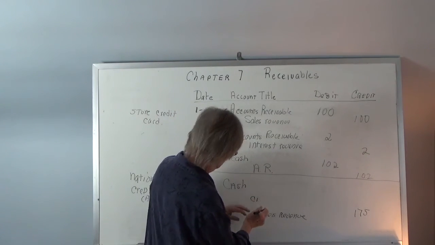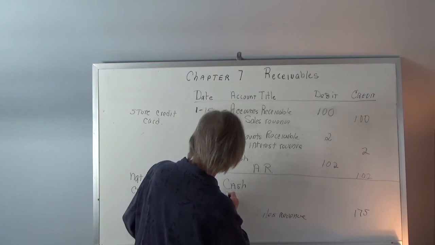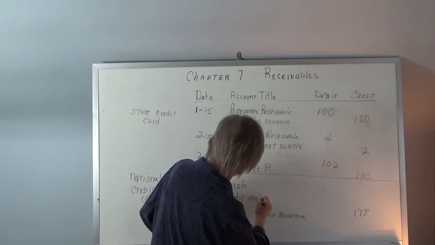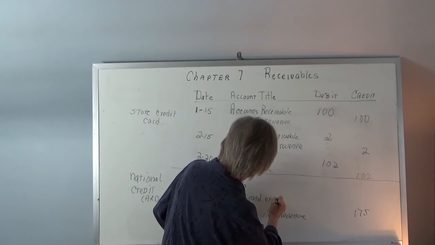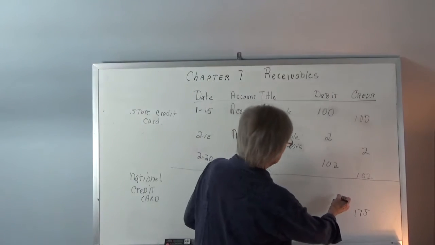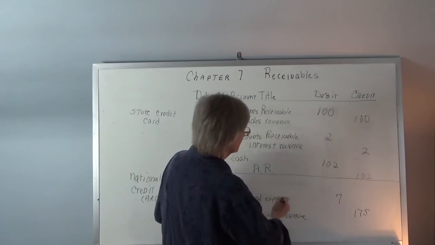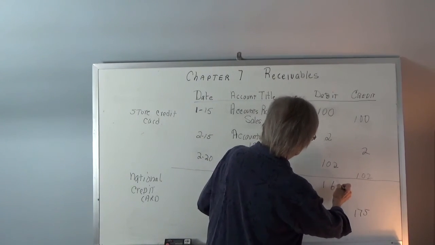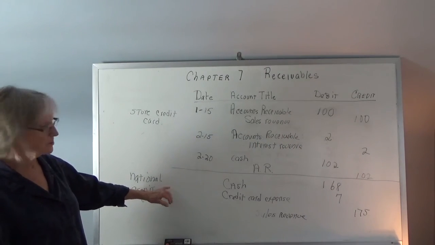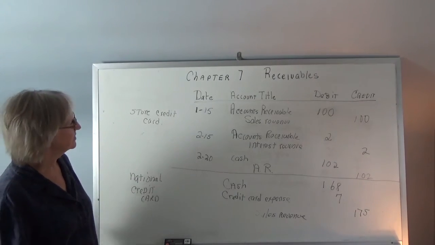So we're going to have a debit to credit card expense or some such account, and that will be the 175 times 4%, which is approximately $7, and the cash would be debited for 168.